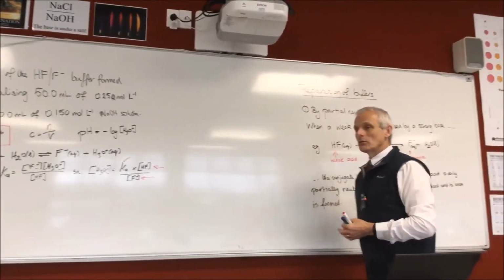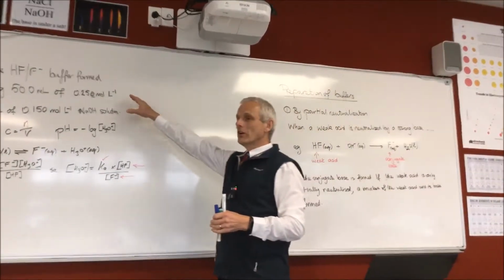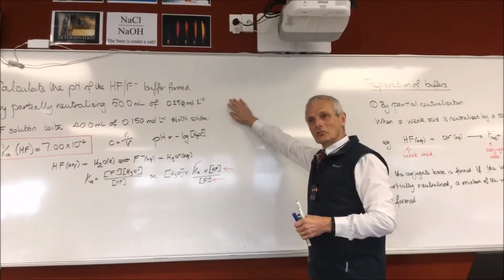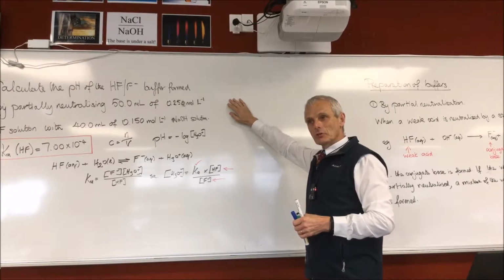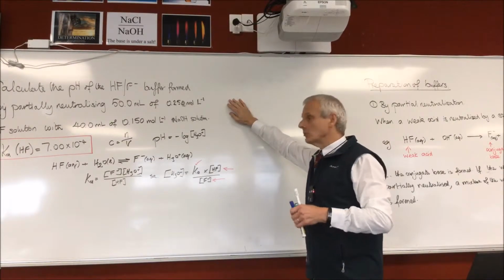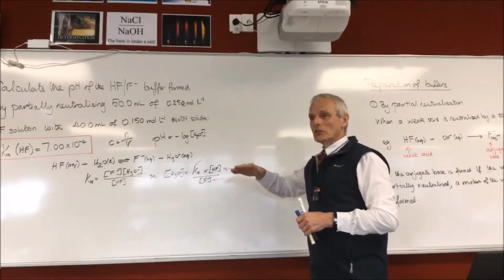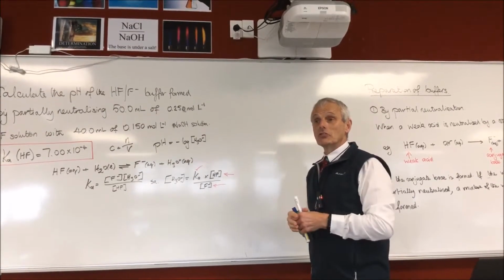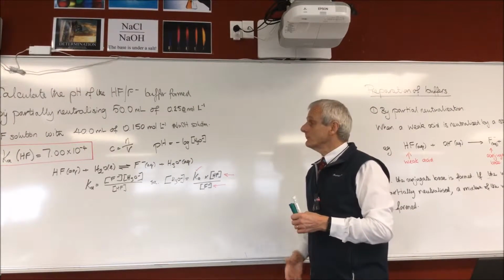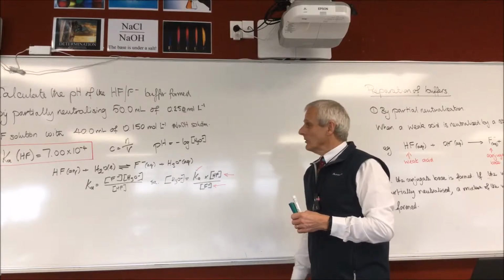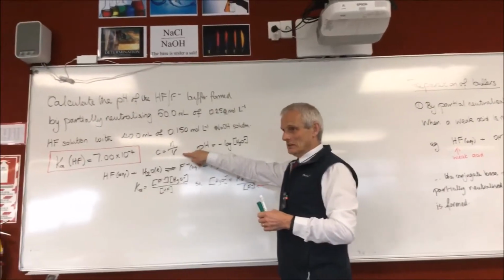So we need to get hold of those, because what we've got are concentrations before the neutralisation reaction started. What we need to do is to work out their concentrations once we've stopped partially neutralising it and we've got our end mixture. So that's where this comes in.